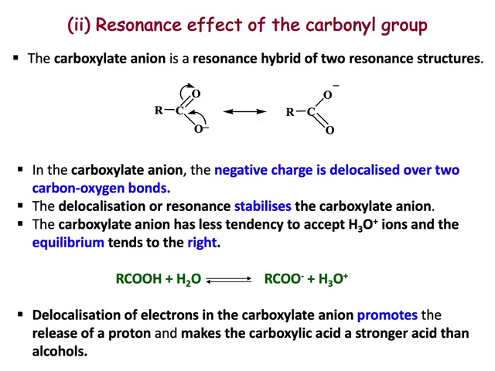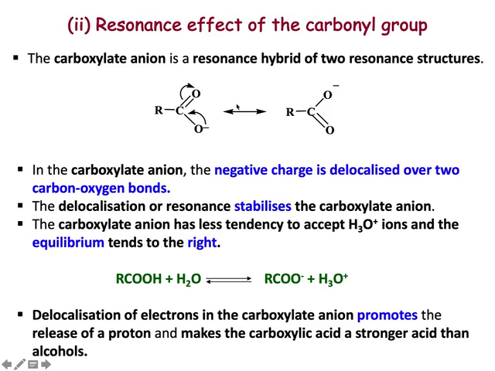So number 3, the resonance effect of the carbonyl group. We know that this carbonyl group, which is carboxylic acid, reacts with water because of the physical properties of carboxylic acid, which can dissolve in water, so it reacts to form the carboxylate anion.